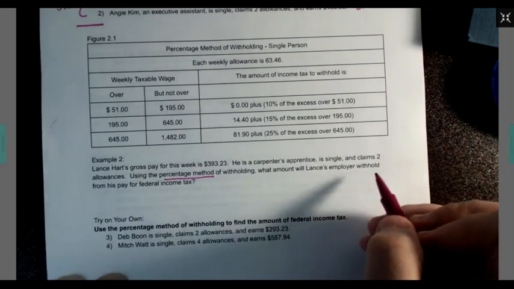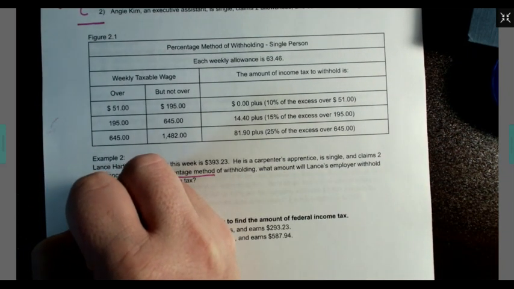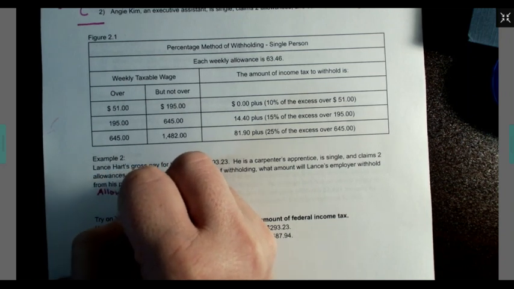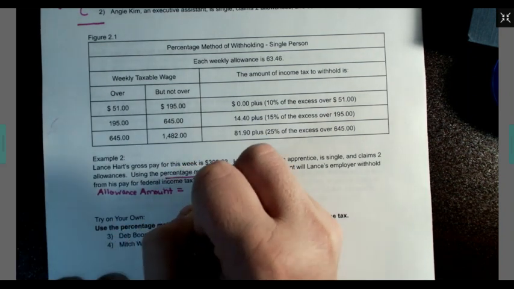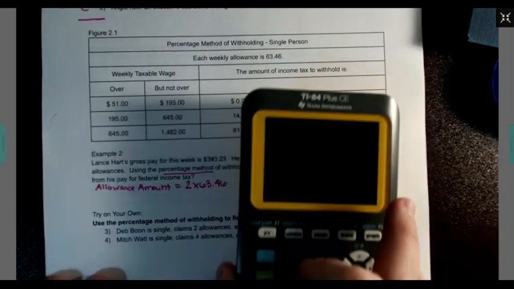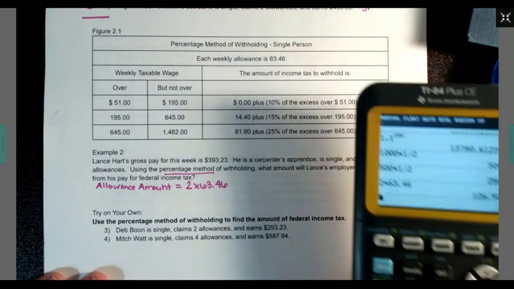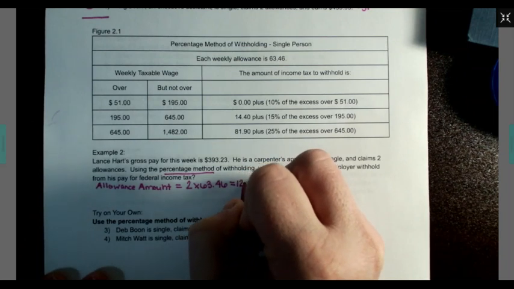We have 2 allowances, so we're going to take 2 times 63.46, which is $126.92.